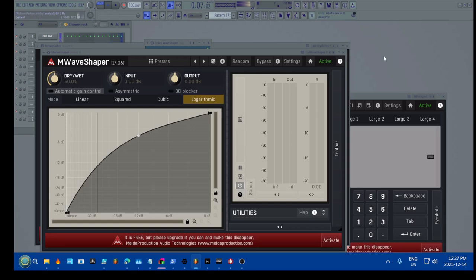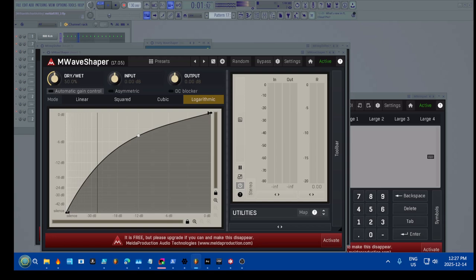What else is in here? The analyzers, like oscilloscopes and stuff. I find that they're very basic in appearance. Again, it's not really the best comparison, and the Melda plugins are stable.